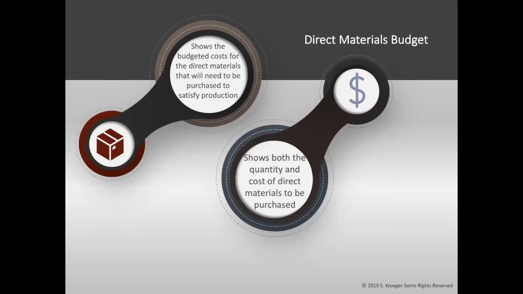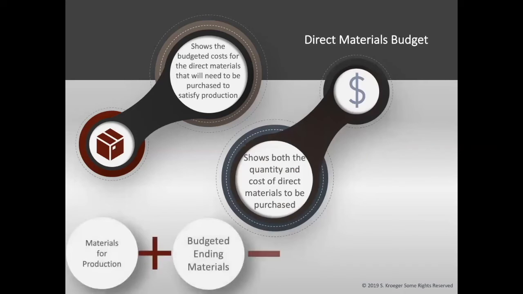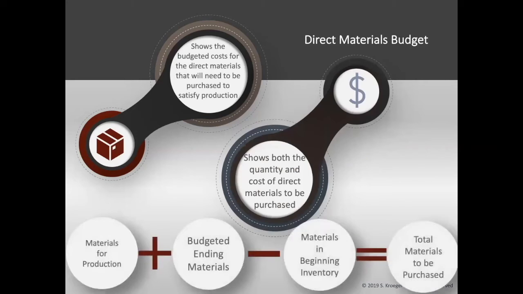The formula is the materials required for the production plus the budgeted ending materials minus the materials in the beginning inventory. Very similar to the last budget we did, the materials needed for production would be how many materials we need to purchase for the current time period, let's just say the current month, plus the budgeted ending materials.